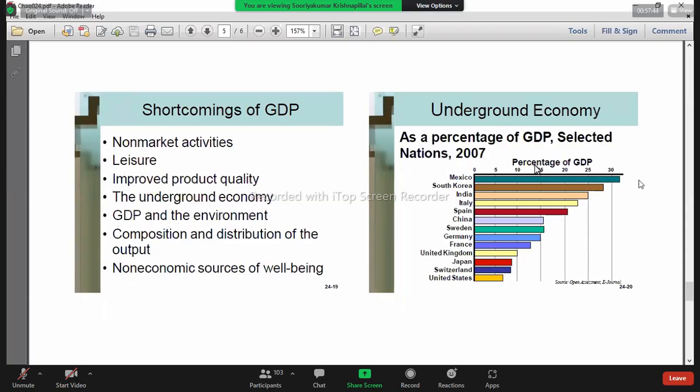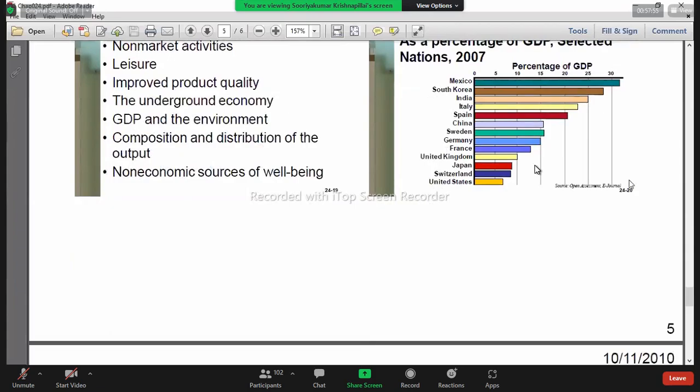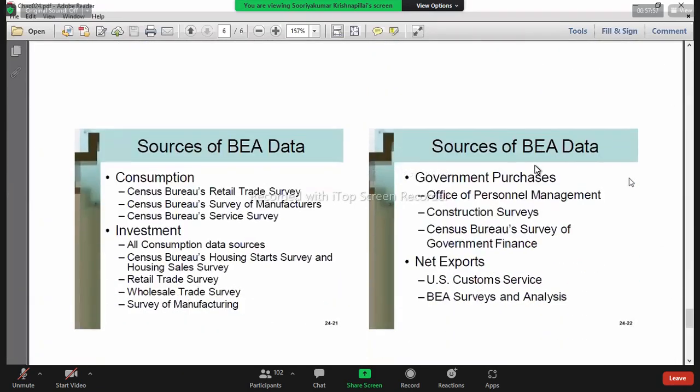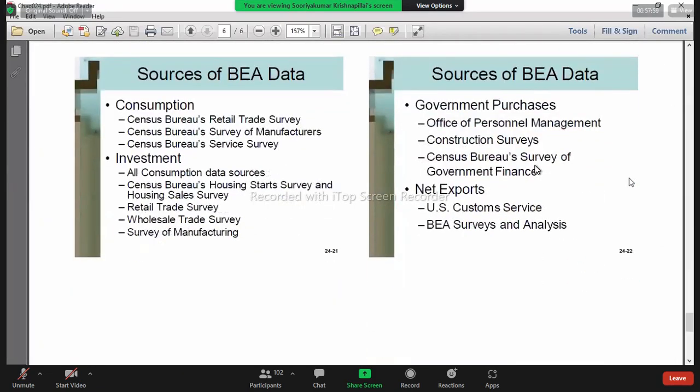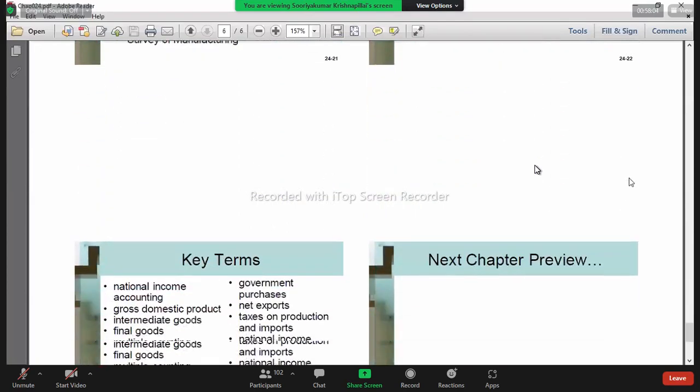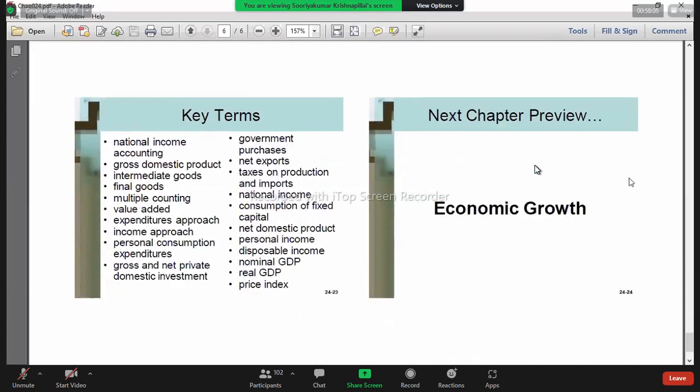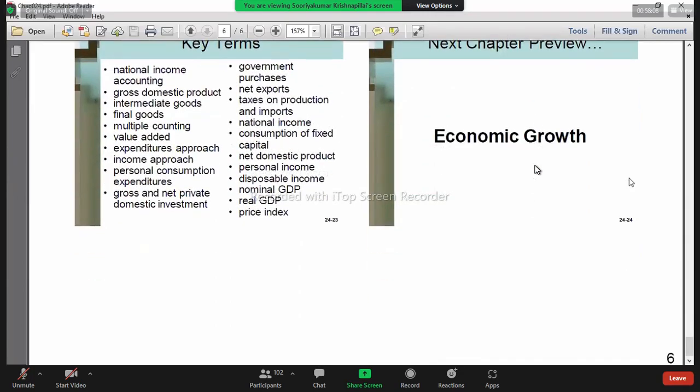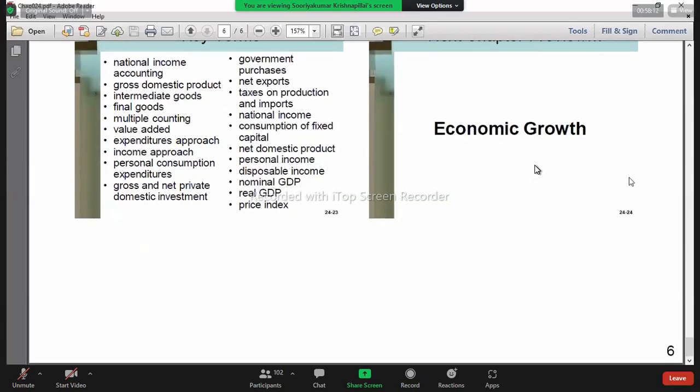You can see the underground economy as a percentage of GDP, more than 30% underground, with a lot of mafia here and there. We can get data on macro GDP, the price index and the GDP deflator from the census department and central bank. Okay, this is from chapter 24.